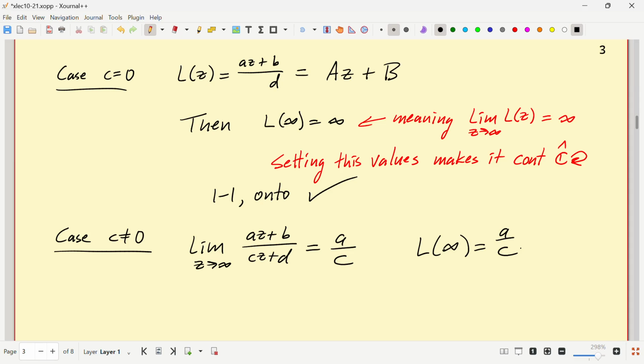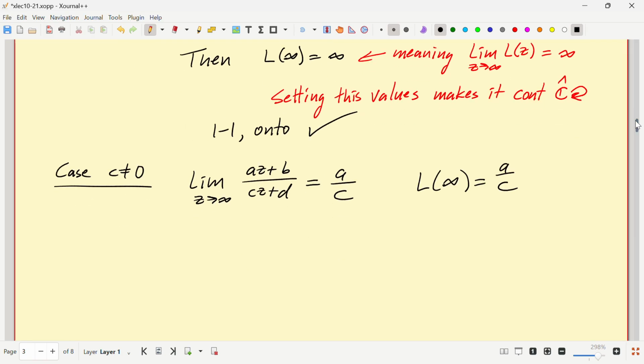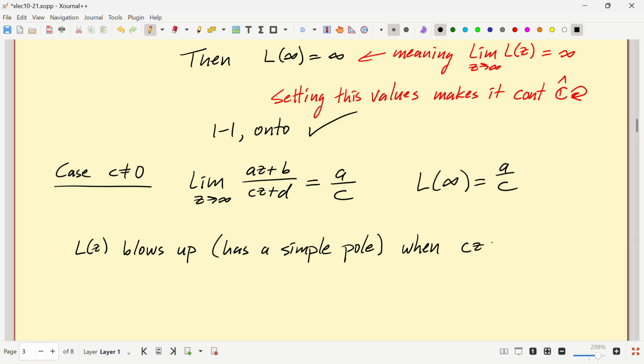And what should go to infinity? If you think about it, L of z blows up, which is fancy for it has a simple pole, when the denominator is equal to 0, which is when cz plus d is 0, and that's when z is minus d over c.